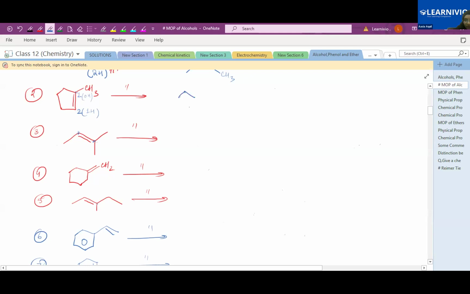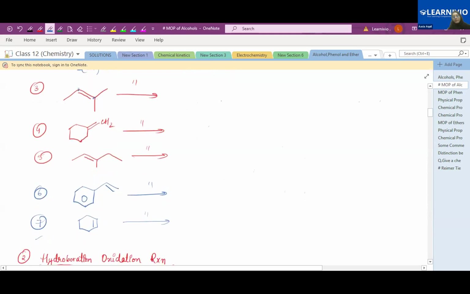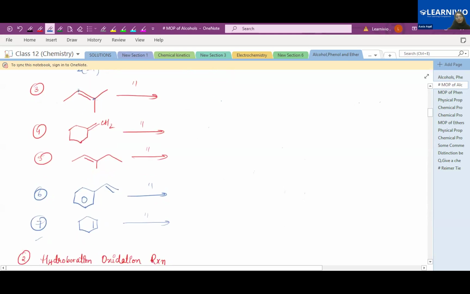The double bond will break and this CH3 stays as it is, and you will attach OH to the first position. Why? Because there is zero hydrogen. So you will get this product. Now do the remaining ones, third, fourth, fifth, sixth, seventh. Just quickly do that and please let me know the answer.